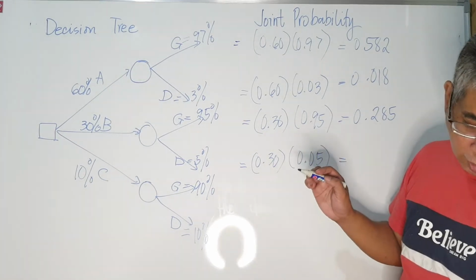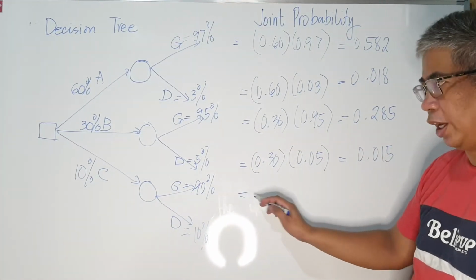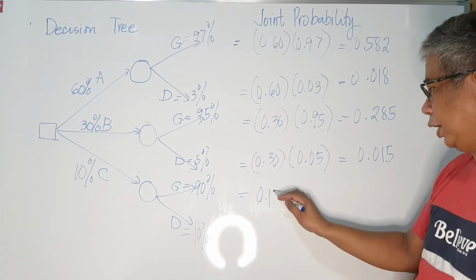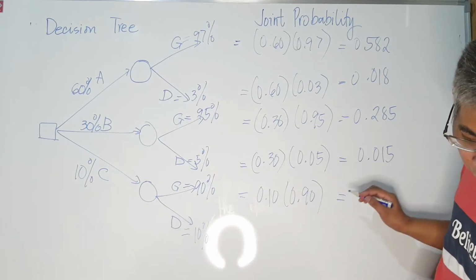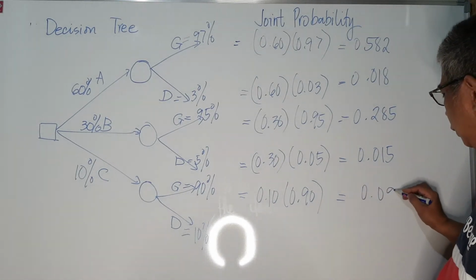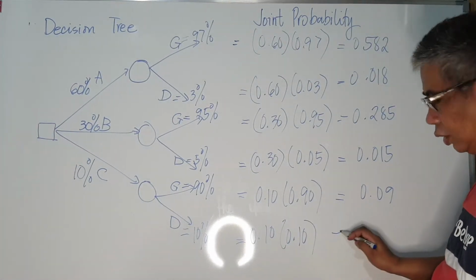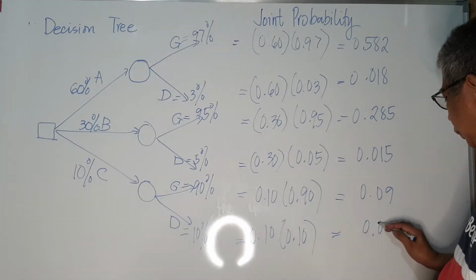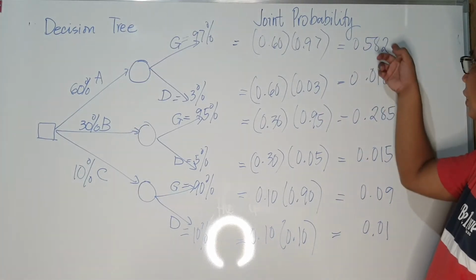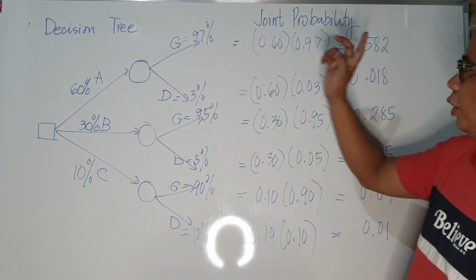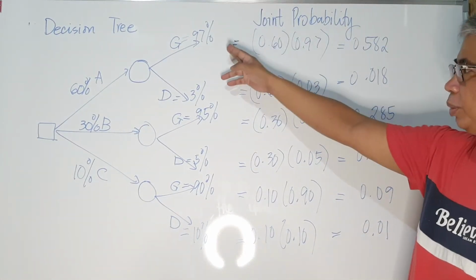The product is 0.015. Tapos ito ay 0.1 times 0.9. We get 0.09. Tapos ito, 0.1 times 0.1, we get 0.01. So, notice that the sum of this is equal to 0.6. Okay? Kumbaga, pre-make up mo lang naman to 97% at 3%.